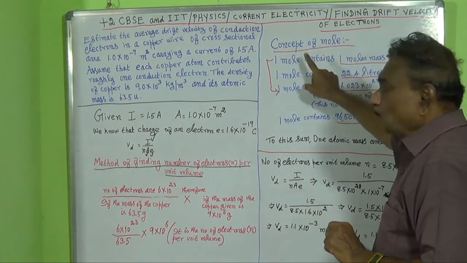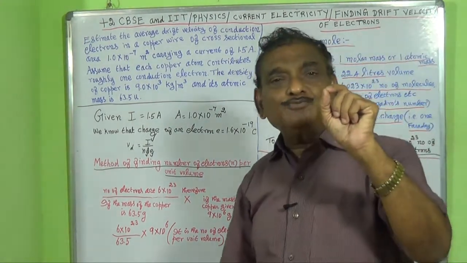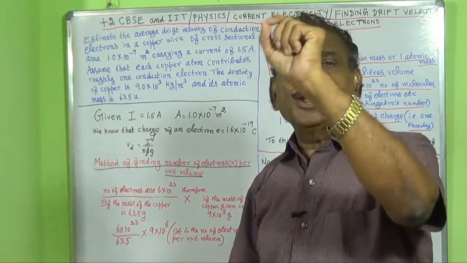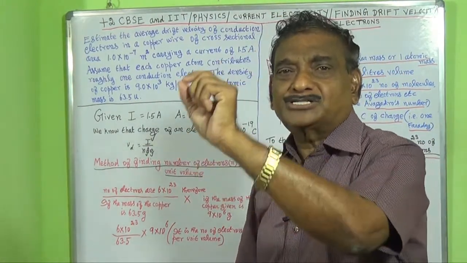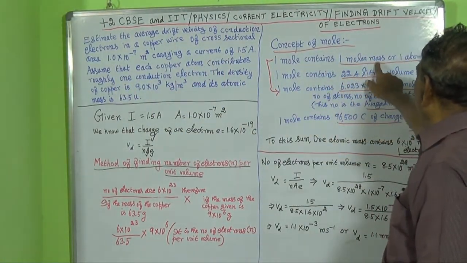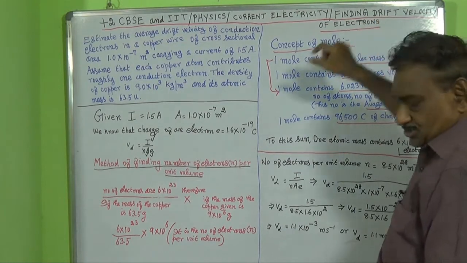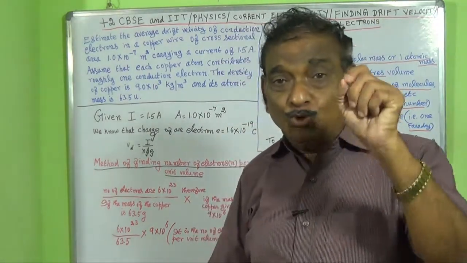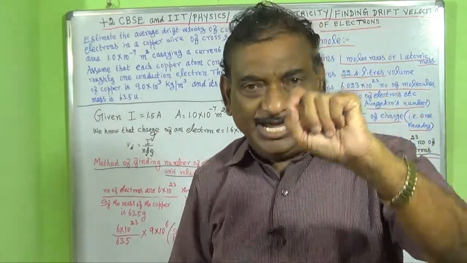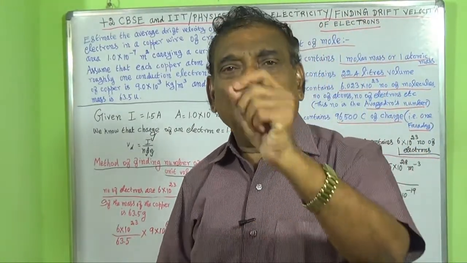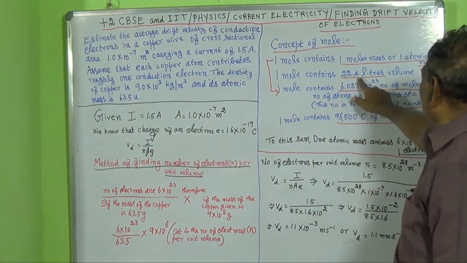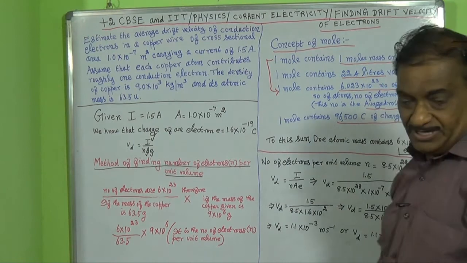If we express one mole in terms of mass, one mole contains one molar mass or one atomic mass. If we express one mole in terms of volume, one mole contains 22.4 liters volume.